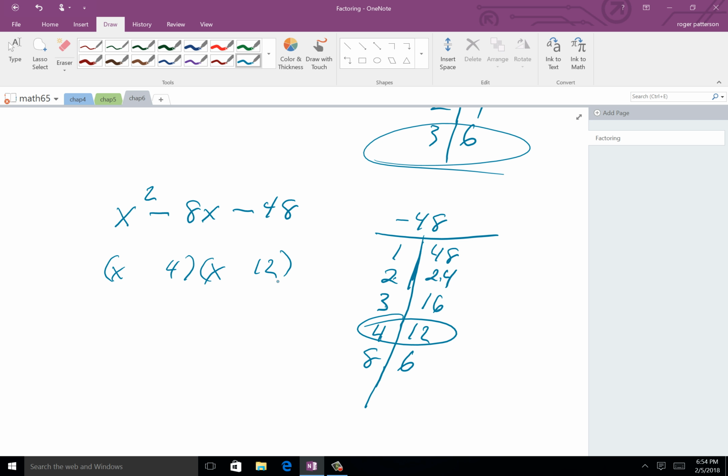So which one's positive? The 4 is positive, and which one's negative? This sign's going to go with the largest number, right? Okay, 12 is larger than 4, so that's going to go with that.